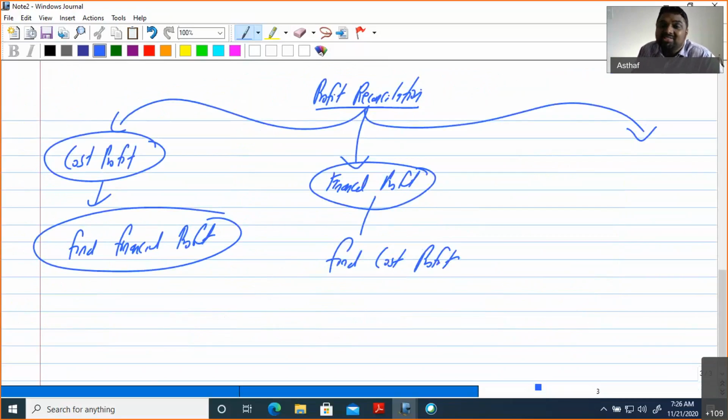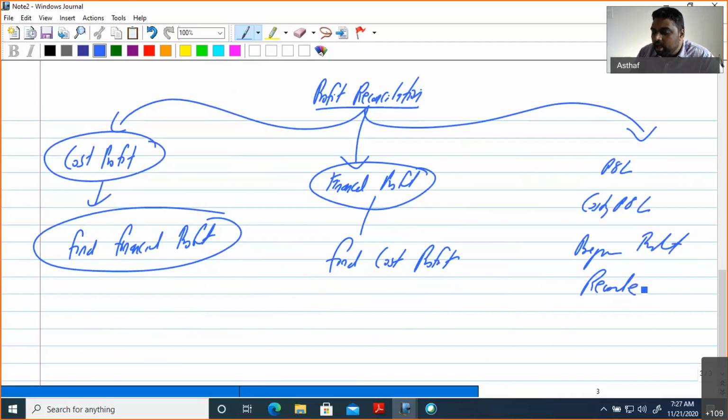Then the last point. This is as per your online pattern, very rare to come. But for better understanding, we will do one problem on this. That means they will ask you to prepare the profit and loss account, the costing P&L, and prepare the profit reconciliation account.